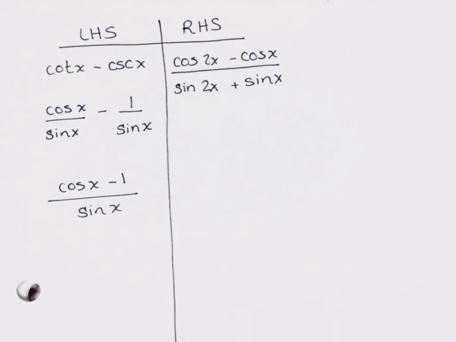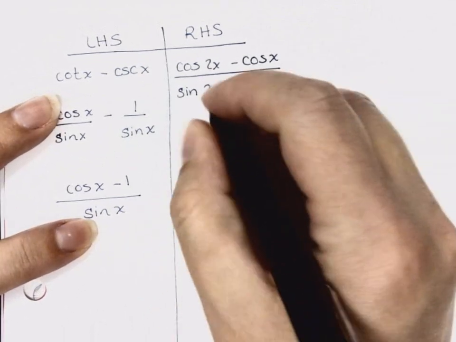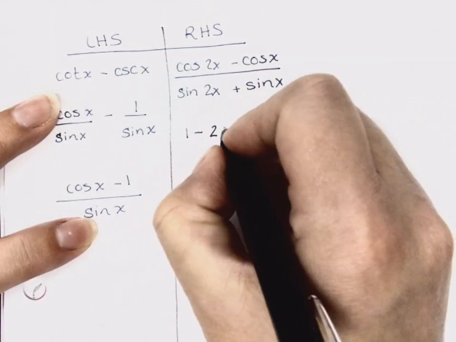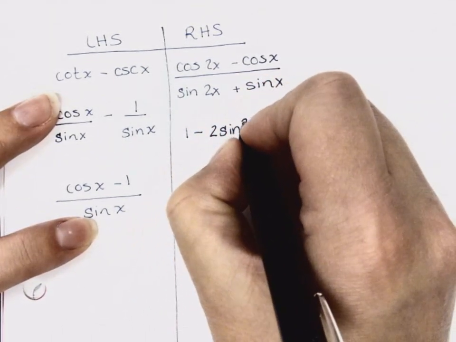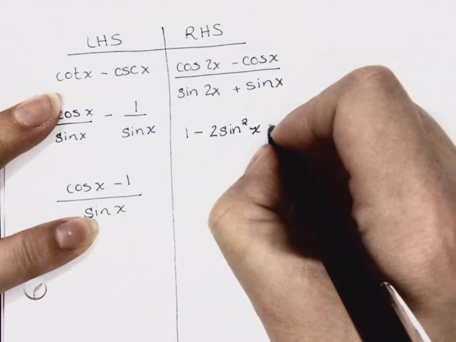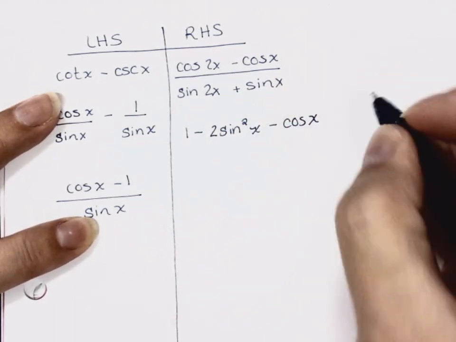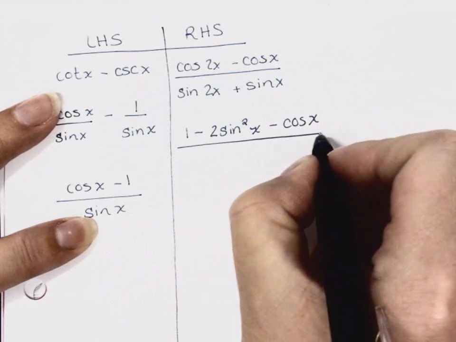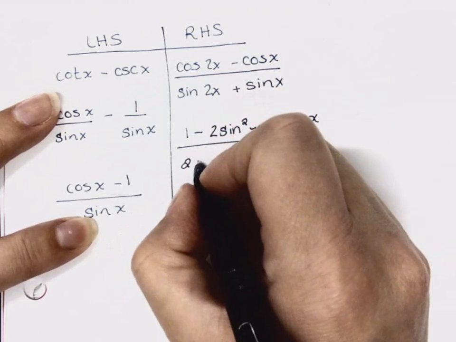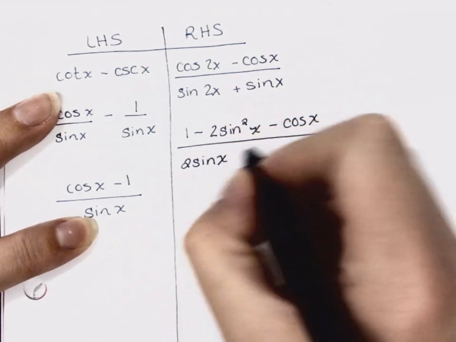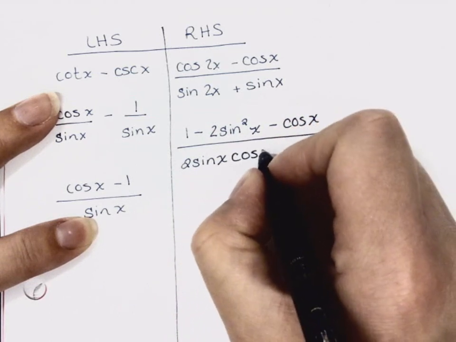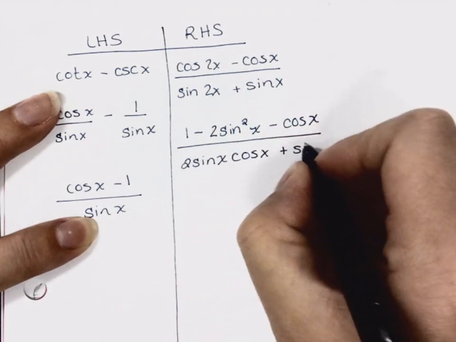Okay, cos double angle identity. Which one do we want to use? 1 minus 2 sine squared theta? Okay. So 1 minus 2 sine squared x minus cos x, all over 2 sine x cos x plus sine x.